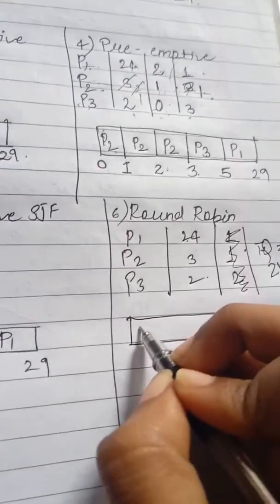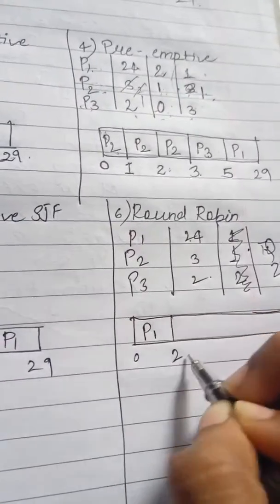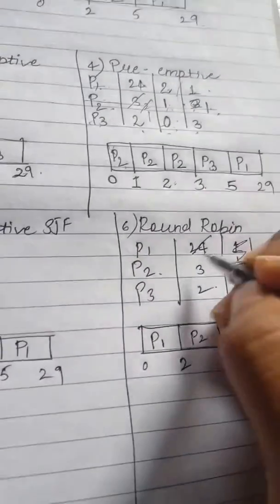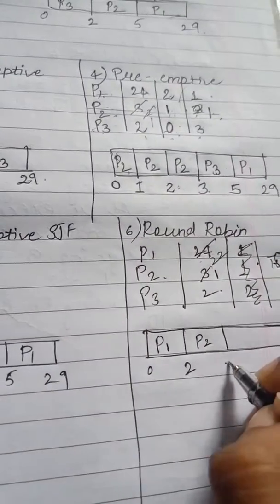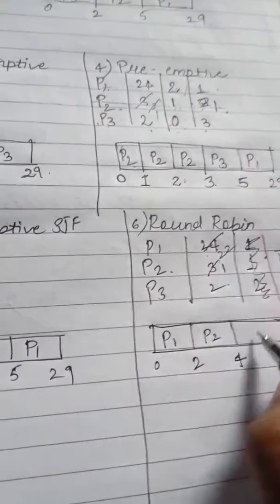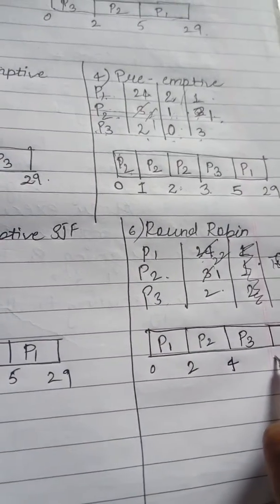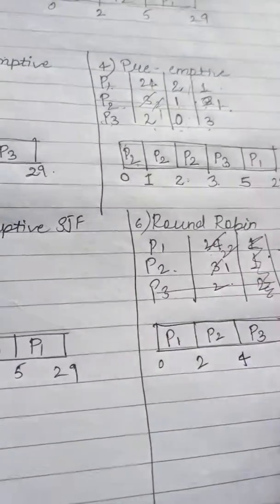We'll draw a Gantt chart. In this, first P1 will execute for 2 milliseconds, then it will leave the CPU. Then P2 will come, execute for a time quantum of 2 milliseconds. We will go on cancelling, minusing the burst time. 24 minus 2 is 22, and here remains 1. Then comes P3, 2 milliseconds. So this is done.